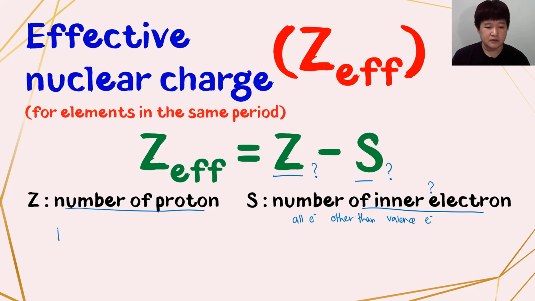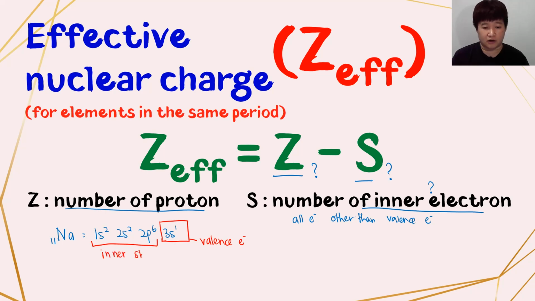For example, if I have sodium, atomic number 11, your electronic configuration will be something like this. And we agree that your 3s1 is your valence electron. If your 3s1 is your valence electron, then your 1s2, 2s2, 2p6 is what we call your inner shell, and your inner electrons will be 10 because you have 2 plus 2 plus 6.